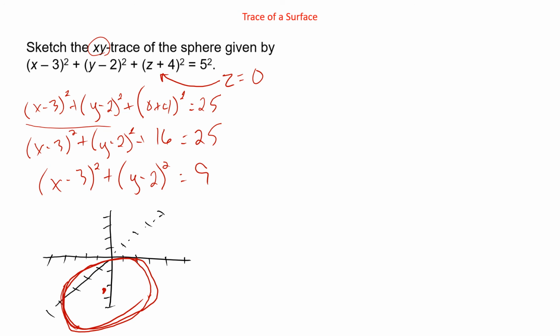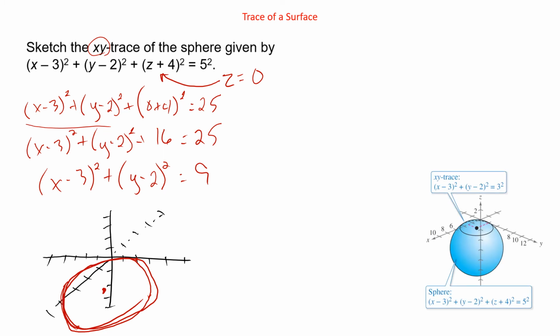It's on there. Now, what does it actually look like? We have a sphere, and we're just taking this cross section, right there at that plane, and that's the part that we're looking at. So, most of this stuff, again, is just an extension from what we've been doing.